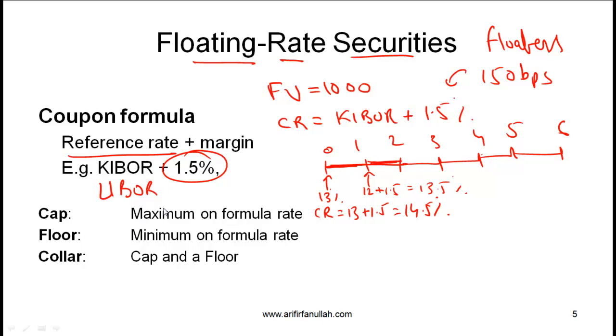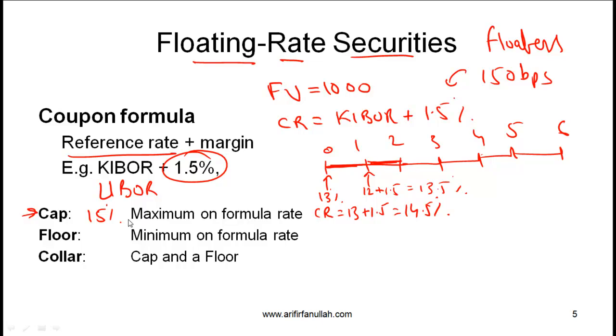Now, when you have a floating rate security, there might be a cap on the rate. The cap is the maximum that the issuer is going to pay. So for example, if we go with the same example, there might be a cap of 15%.